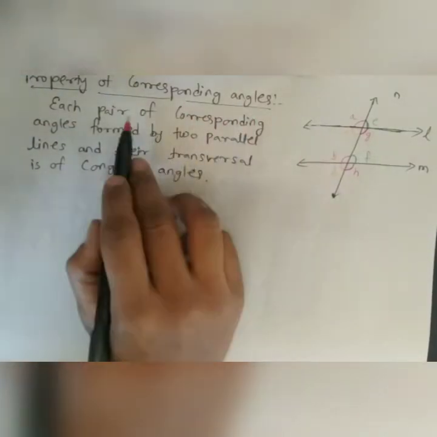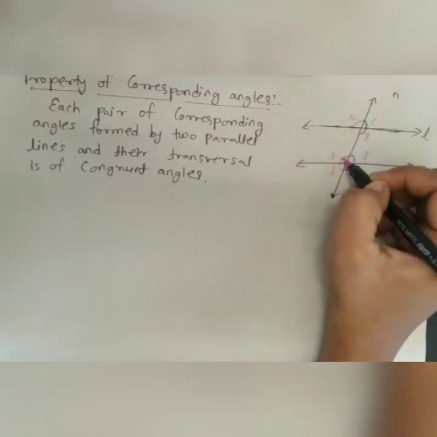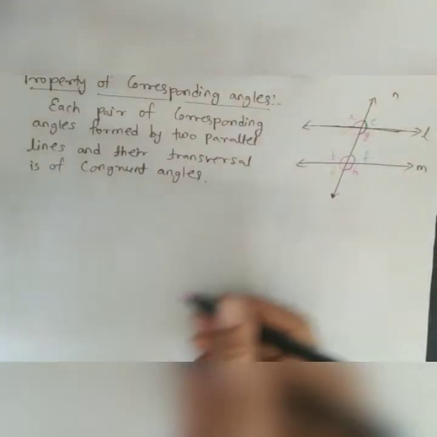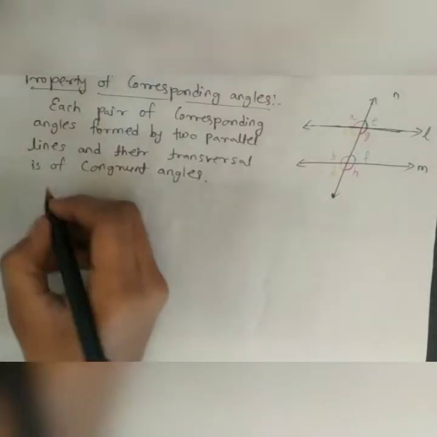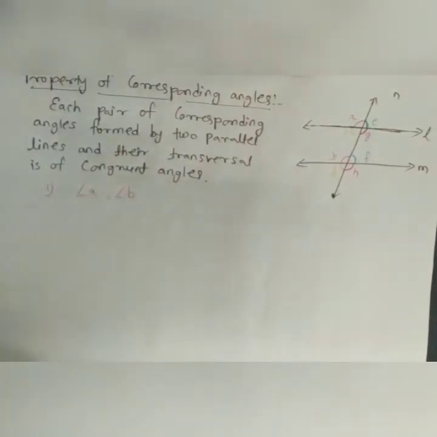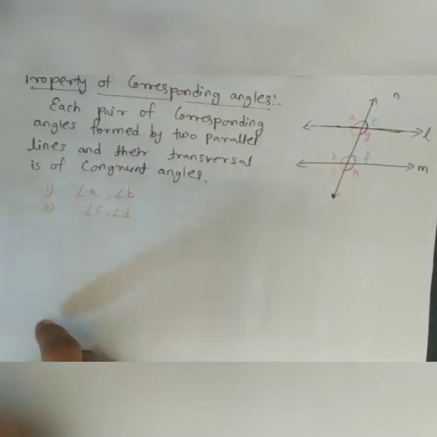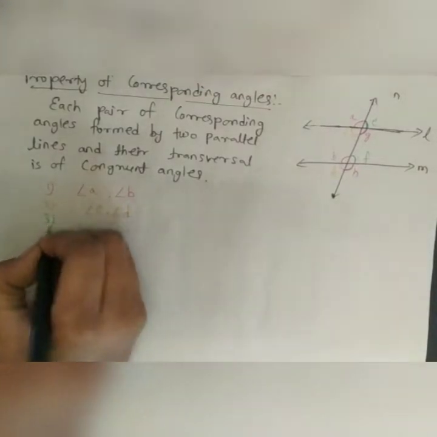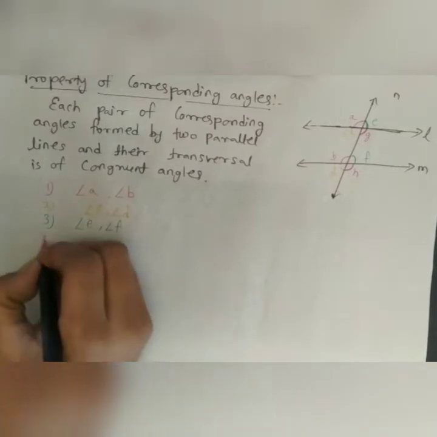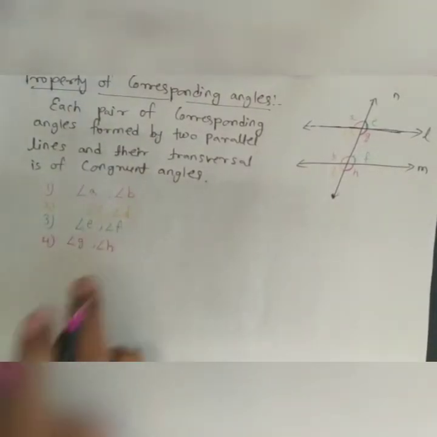Property of corresponding angles. Each pair of corresponding angles, we have one pair A with B, second pair C with D, third pair E with F, and the fourth pair G with H. These are the pairs of corresponding angles.